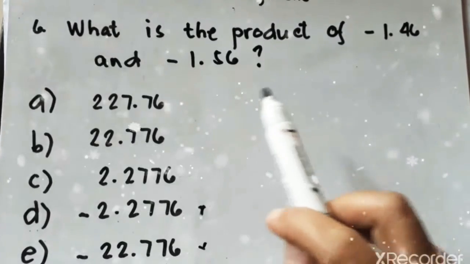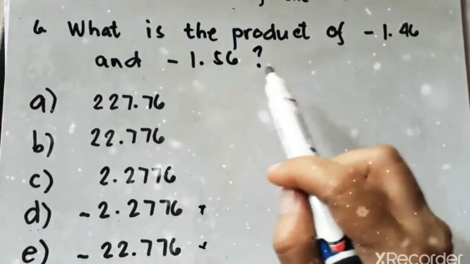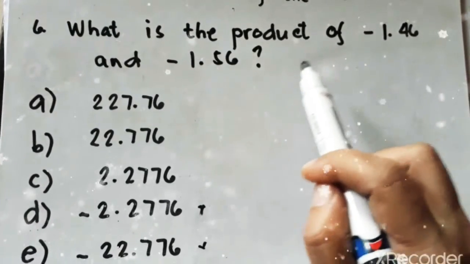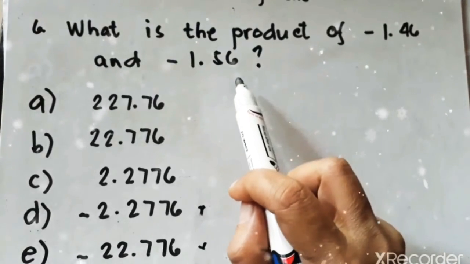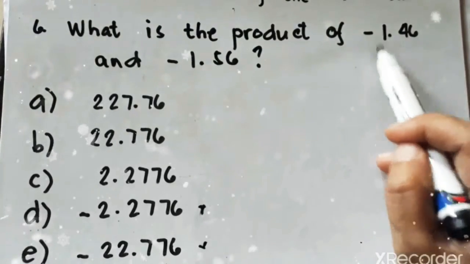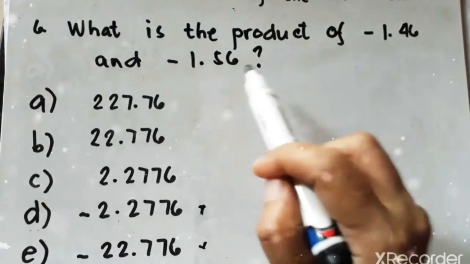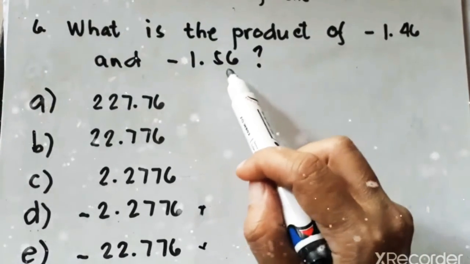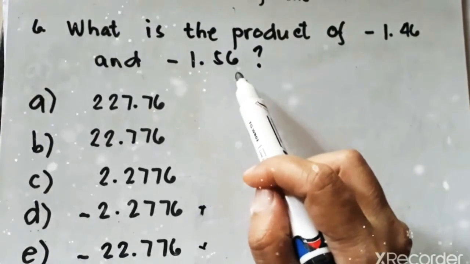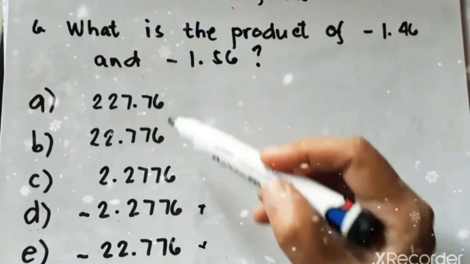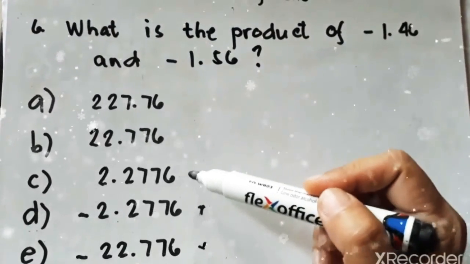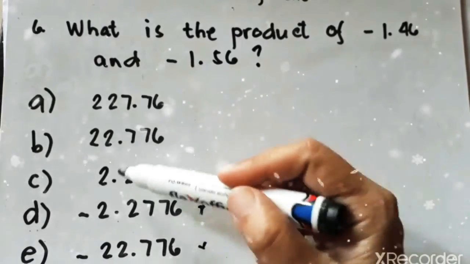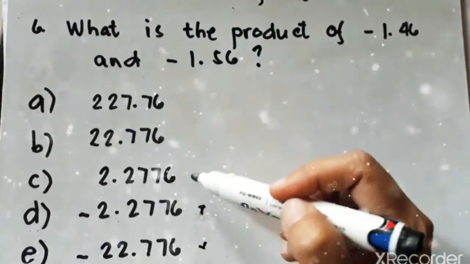And also, in multiplication, we are going to count the number of decimal places. Like in the first number, you have 2, and the second number, you have 2. So, a total of 4 decimal places. So, from the A, B, C choices, letter C has 4 decimal places. So, letter C is your answer.